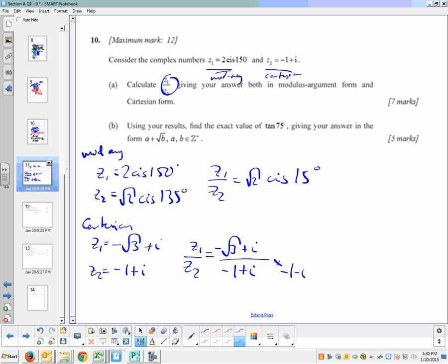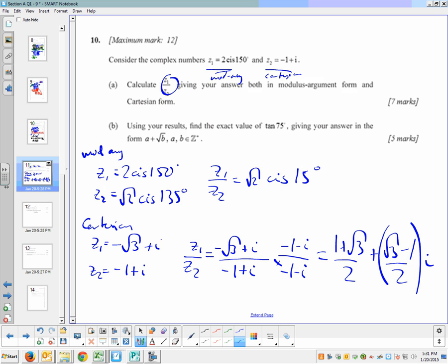Multiply by the complex conjugate of the denominator to do that division. And you get (1 plus root 3) over 2 plus (root 3 minus 1) over 2 i.